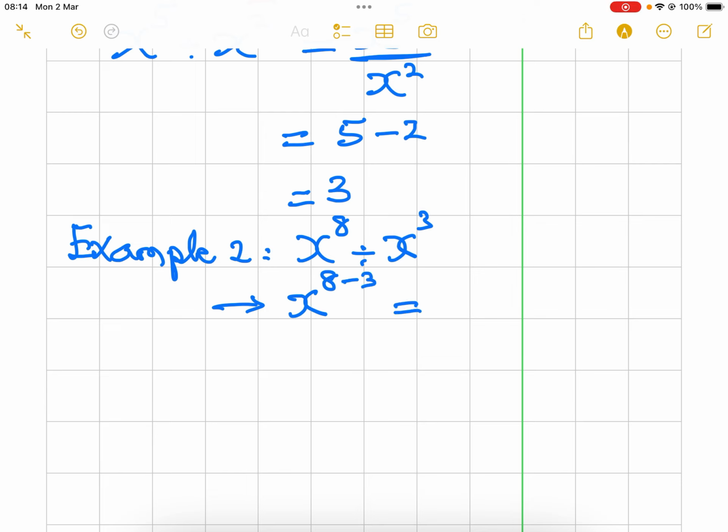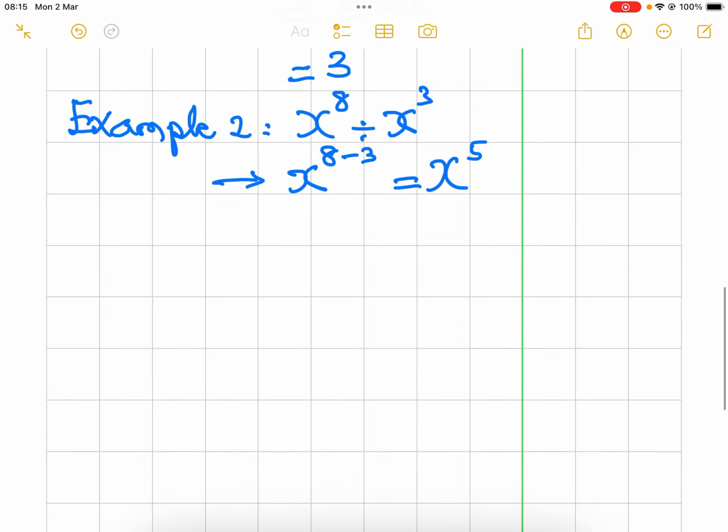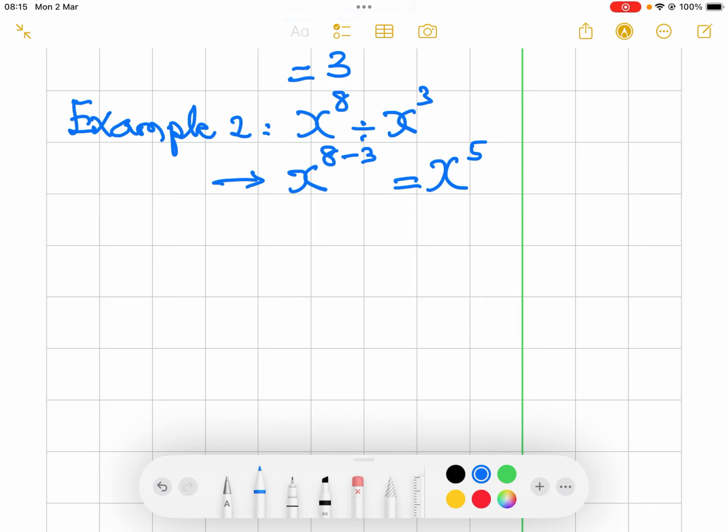So we'll have x to the 8 minus 3, which is x raised to power 5. So the pattern is becoming clear.